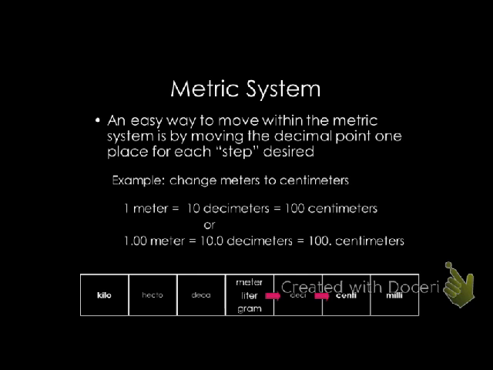As an example, let's say we wanted to change meters, again a base unit, into centimeters. 1 meter would be equal to 10 decimeters, or 100 centimeters. Underneath the measurement of 1 meter, I've represented it as a decimal, 1.00.